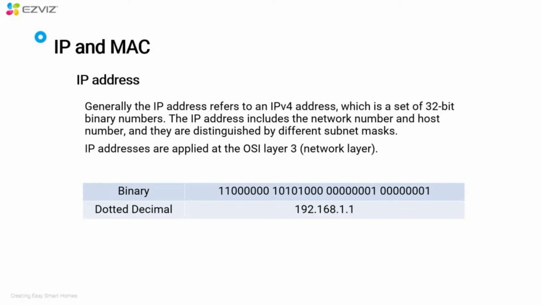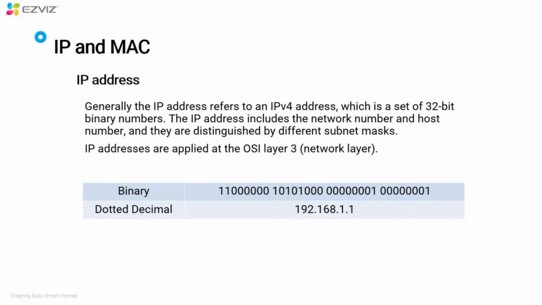An IP address is an Internet Protocol address. It's a numerical label such as 192.168.1.1 that is assigned to a device connected to a computer network that uses the Internet Protocol for communication. An IP address serves 2 main functions: network interface identification and location addressing.